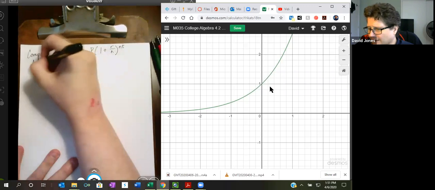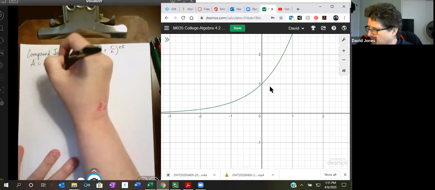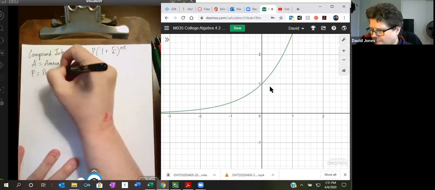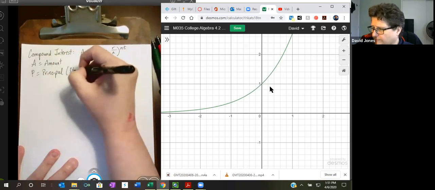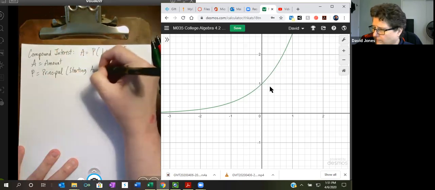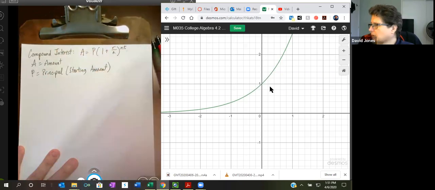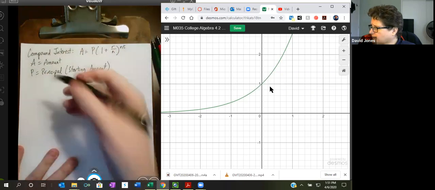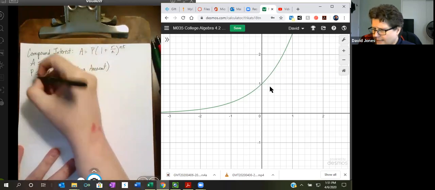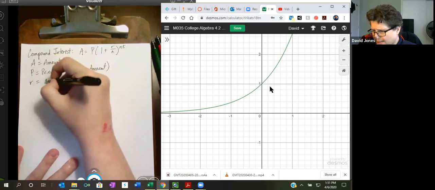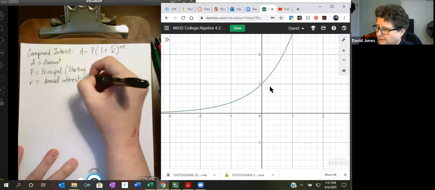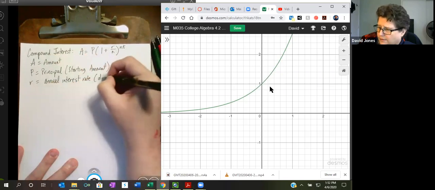A is the final amount. P is your principal or starting figure. R is the annual interest rate as a decimal. Don't leave it as a percent.